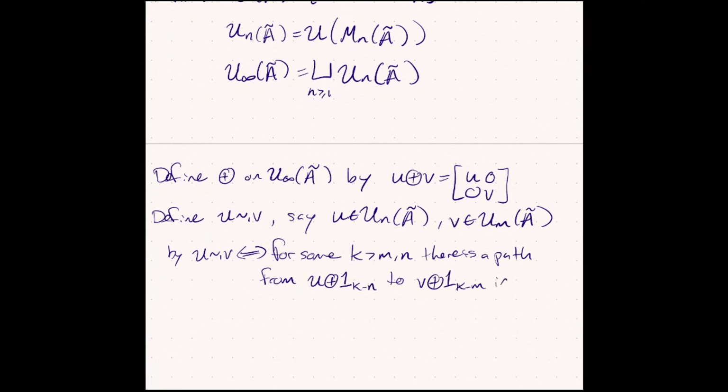And that path has to be in U_K of A tilde.